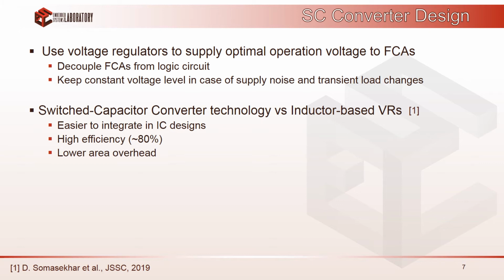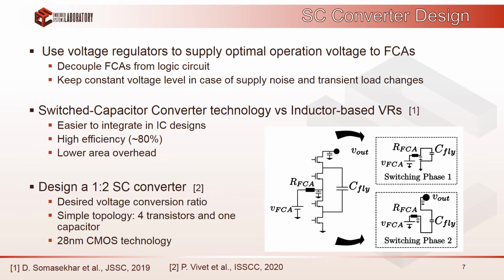The SC converters also have a high conversion efficiency, around 80%, and their area overhead is much lower. To match the voltage conversion ratio needed for our application, we design a 1:2 switched capacitor converter, which only uses 4 transistors and 1 capacitor. And we use the 28 nanometer CMOS technology to model it. Further details on this particular converter topology and, in general, switched capacitors can be found in the references of the published paper.